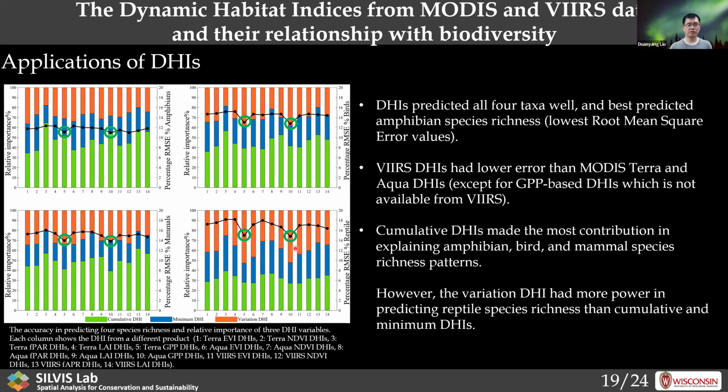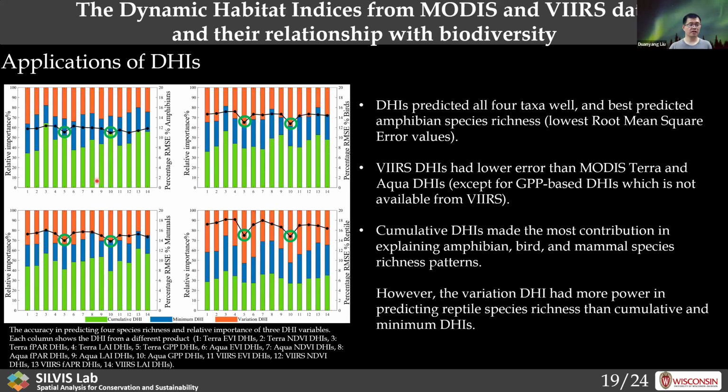But apart from the GPP-based DHI, VIIRS with the same vegetation products also shows better accuracy than the MODIS-based DHI. Over all those models, the amphibian species prediction model shows the best prediction accuracy, based on the lowest RMSE value.